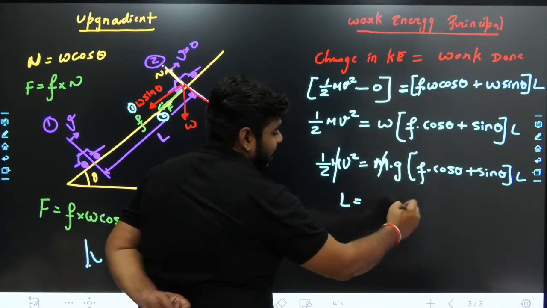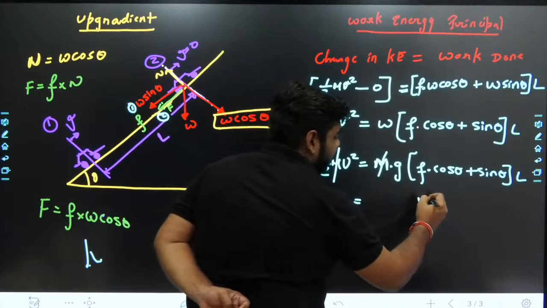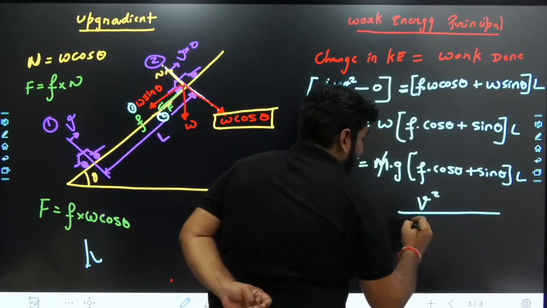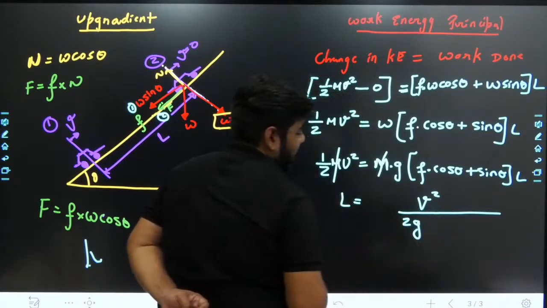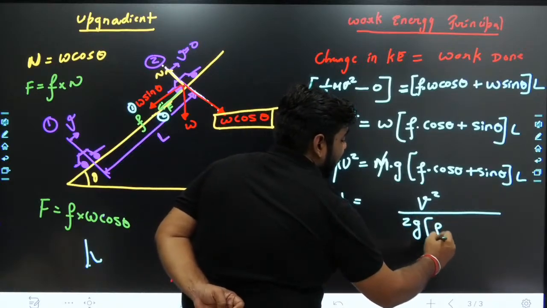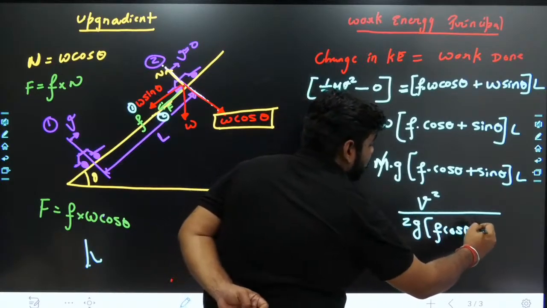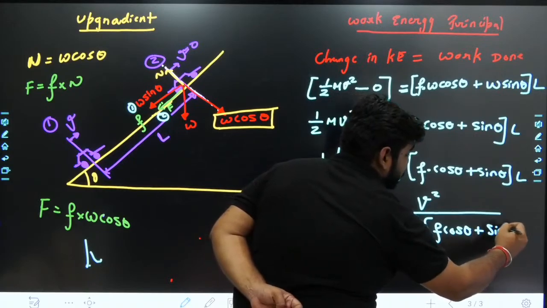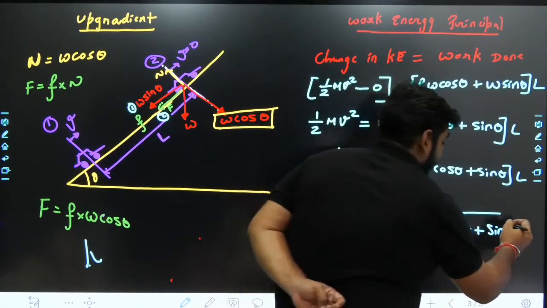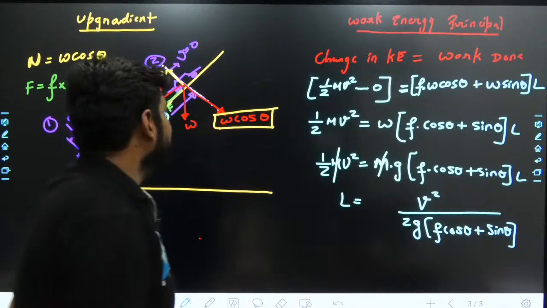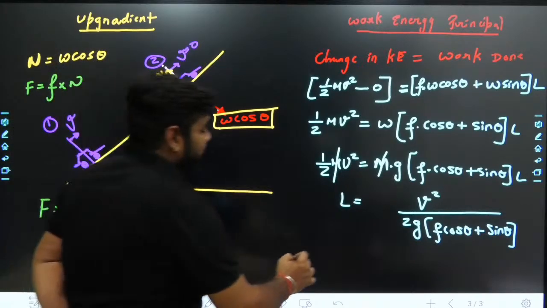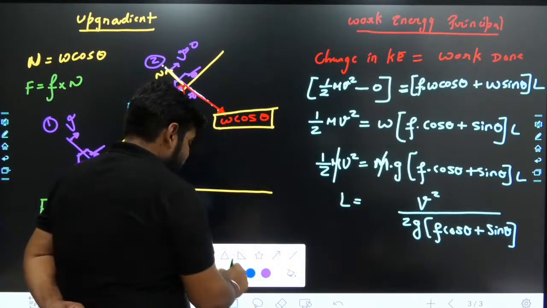So this expression can be written as v square divided by 2g, times F cos theta plus sin theta. So this is your braking distance.